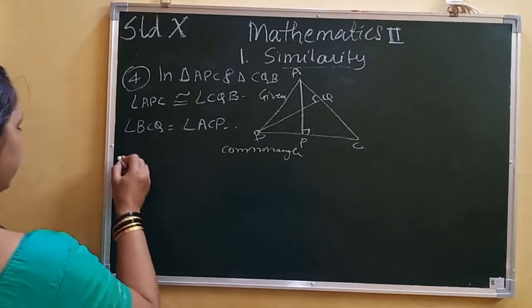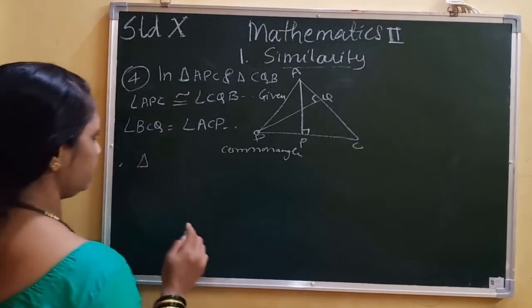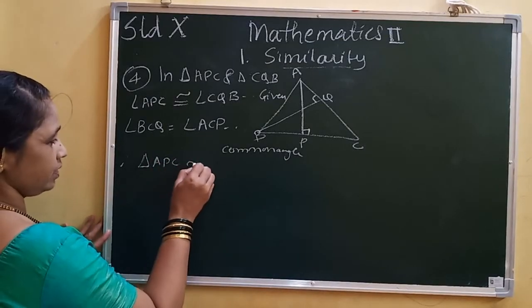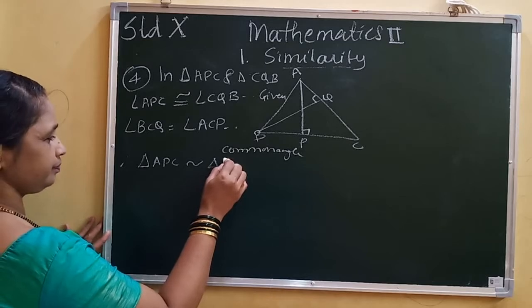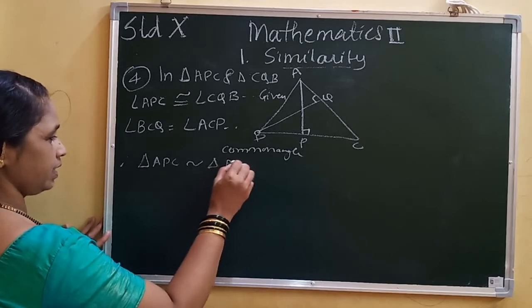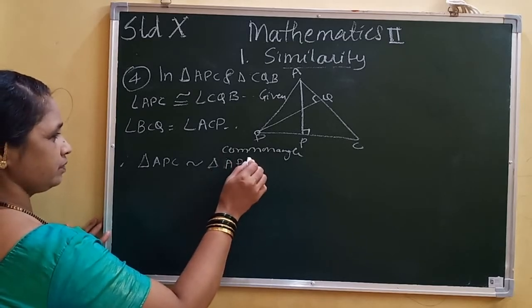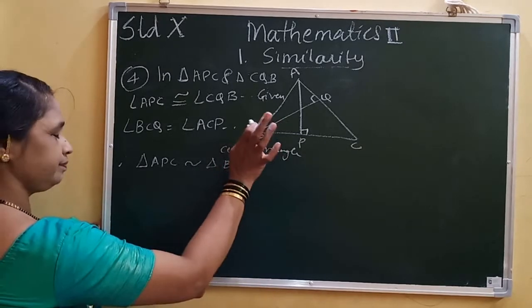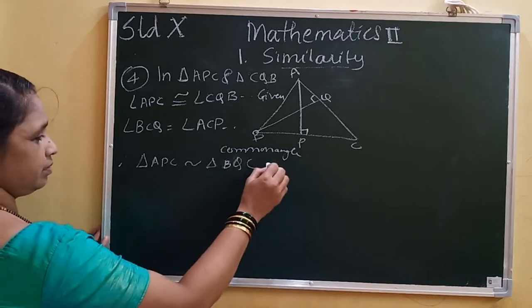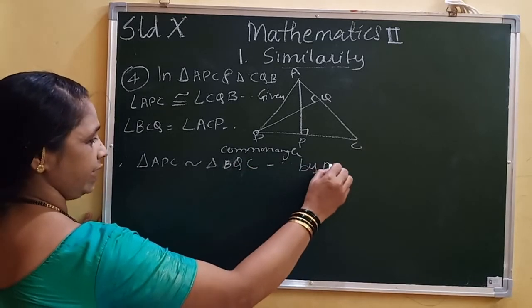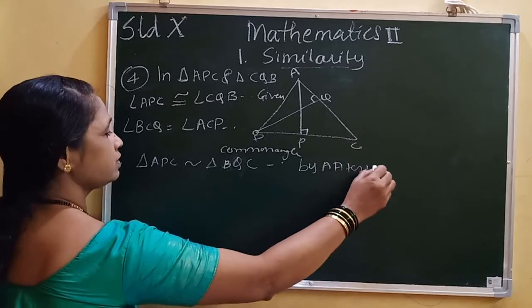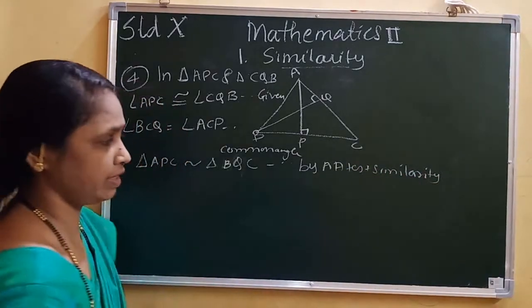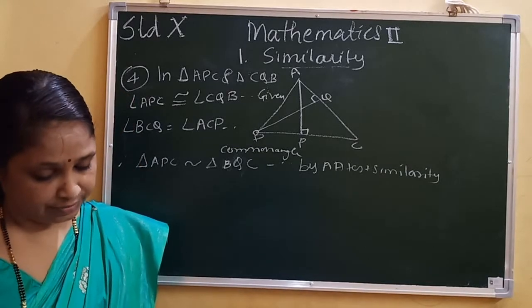Therefore, triangle APC is similar to triangle BQC by AA test of similarity.